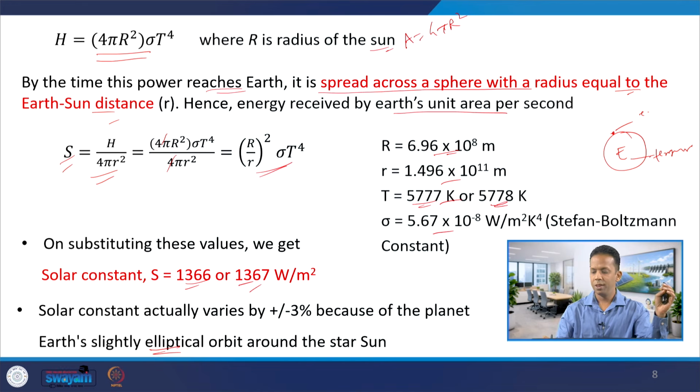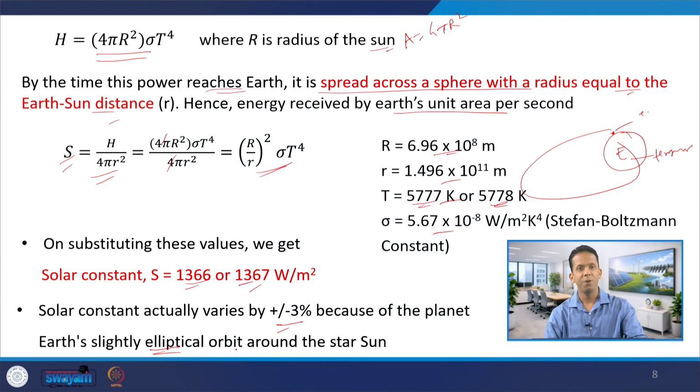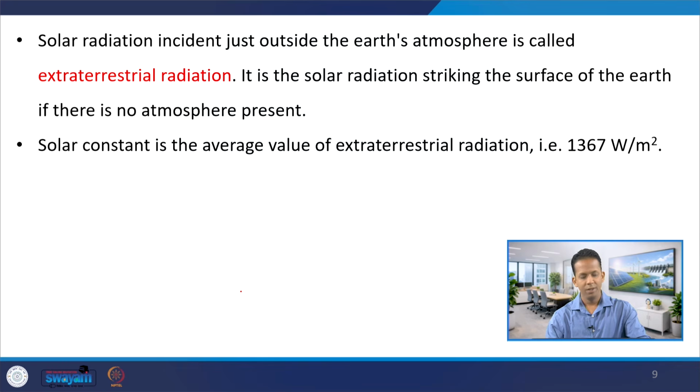So if Earth is moving around the sun in this elliptical orbit, it varies by plus minus 3% within the same value. And this radiation, like I told you earlier, solar radiation incident just outside the Earth's atmosphere is called extraterrestrial radiation, and it is the radiation striking the surface of Earth, assuming that there is no atmosphere.